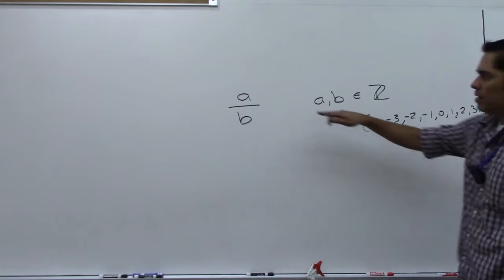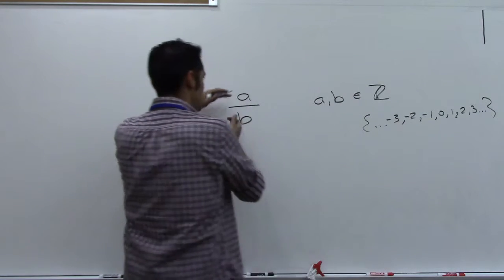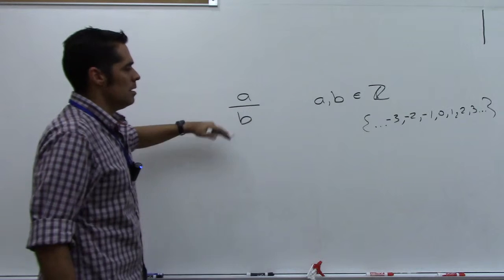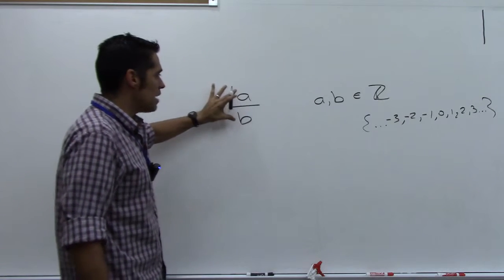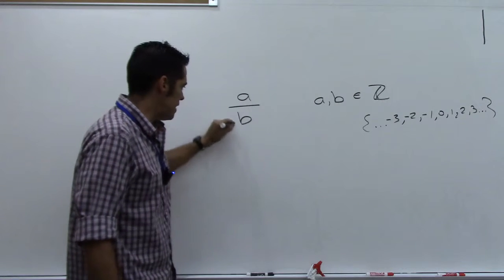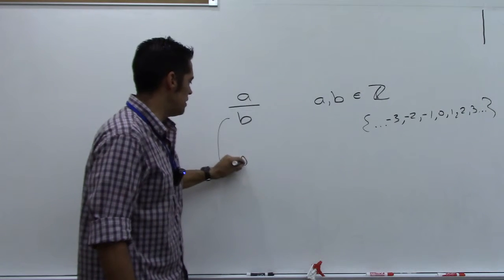As long as these are integers, you take any two integers and divide them, you're going to create what's called a rational number. All rational numbers can be represented as decimals, so this can always be converted to a decimal.